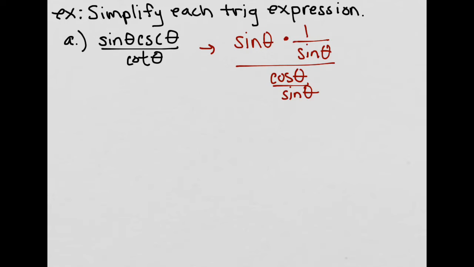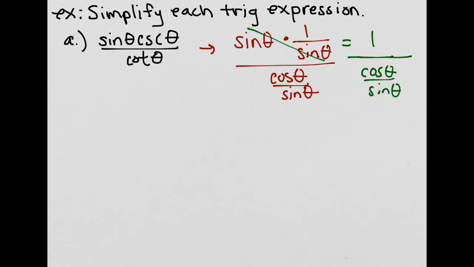And then we can go ahead and simplify what we can. So sine over sine cancels to be just 1. And then we have cosine theta over sine theta.